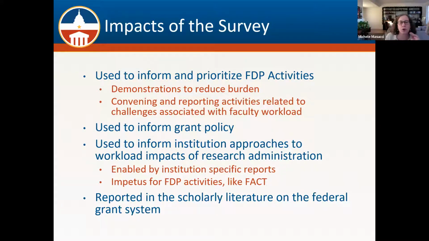But going back to what I did send out, I sent out to everybody on the list the last 3 reports. So I sent the report that Sarah Rockwell had published, and then the 2 reports from Sandy Schneider, who may be on the call, I'm not sure if she's joined yet, who was the PI for the last 2 versions of the survey, so that you could have those in one place.